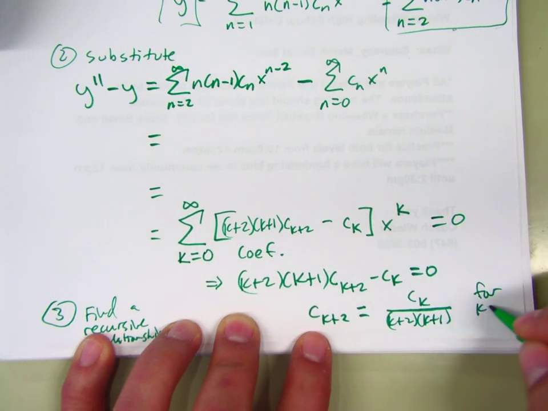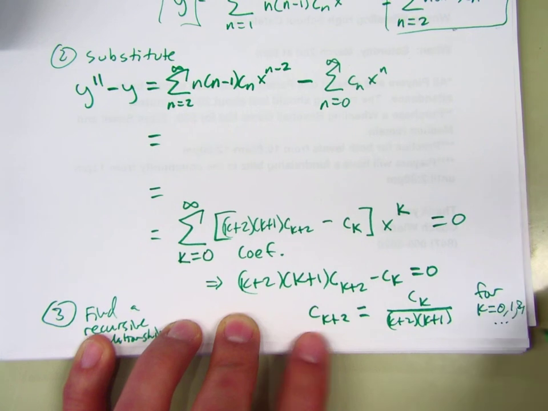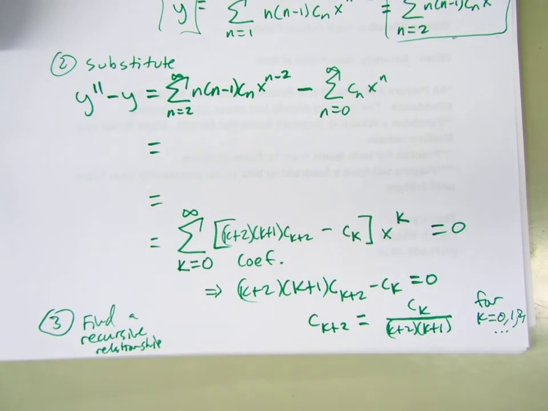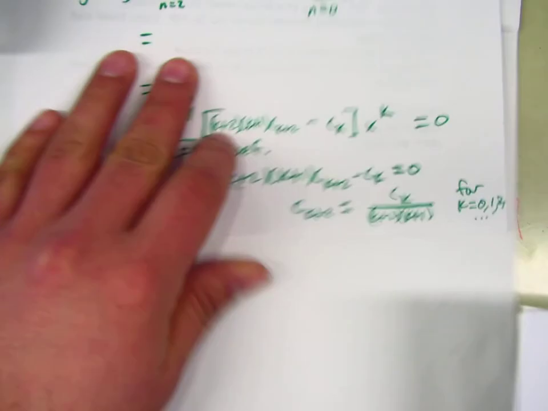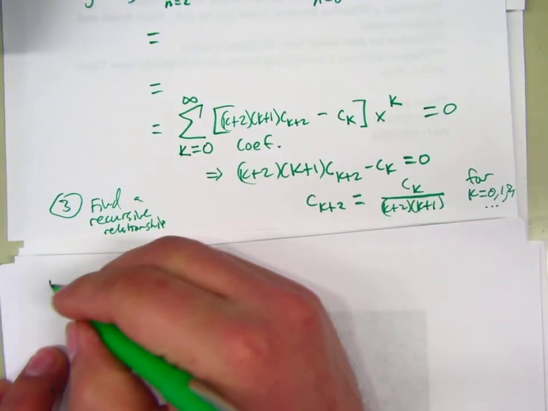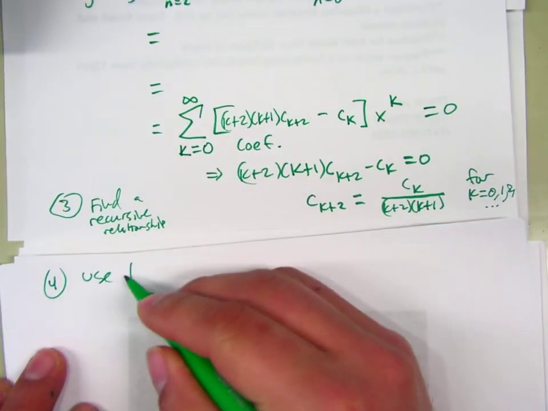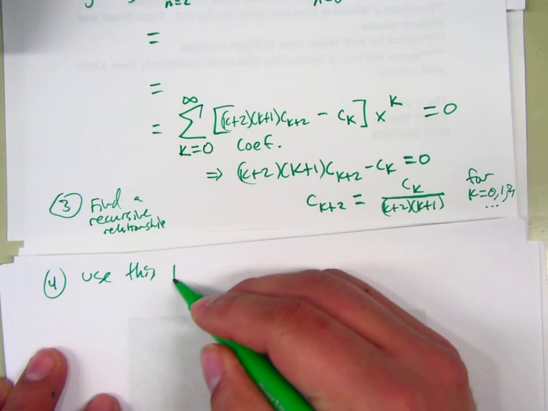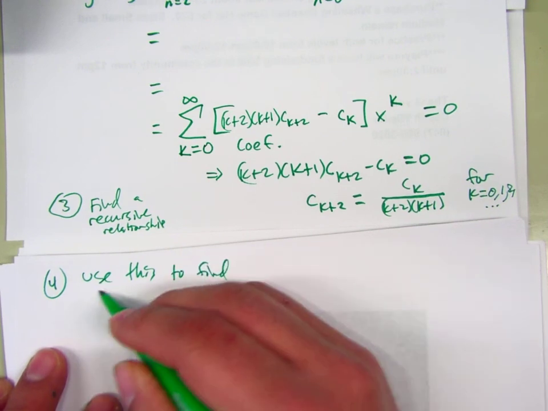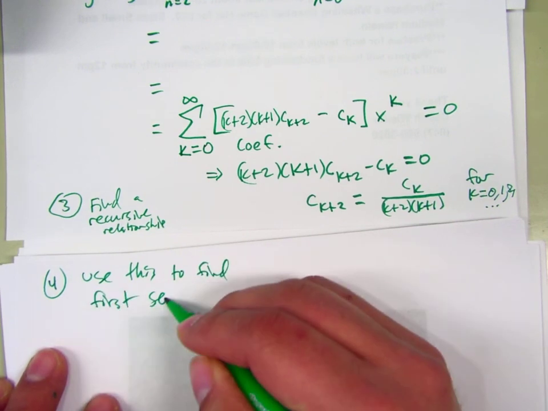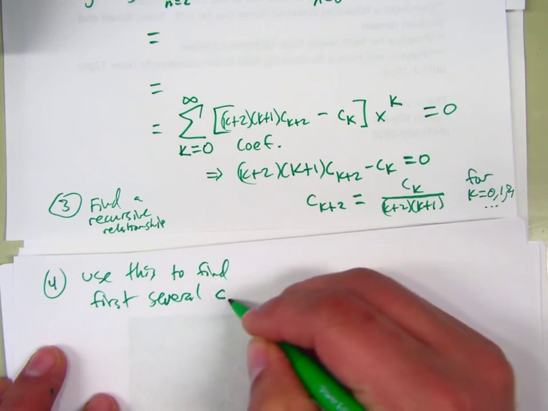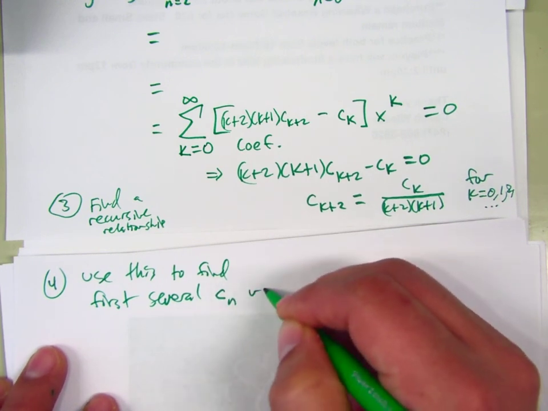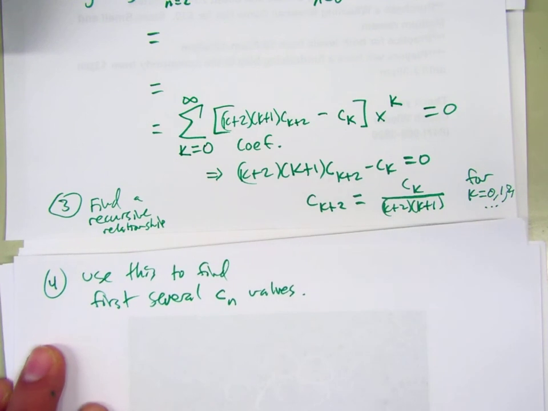So this is for k equals 0, 1, 2, and so on. Okay? And so what we're going to do is use this relationship to find the first several coefficients.